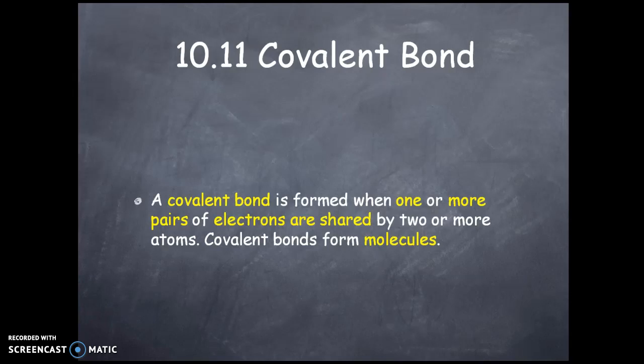In covalent bonding, one or more pairs of electrons are shared by two or more atoms. When you have two elements which are not really ready to completely give away or gain an electron, but they share electrons with the neighboring atoms, then we call it covalent bonding.